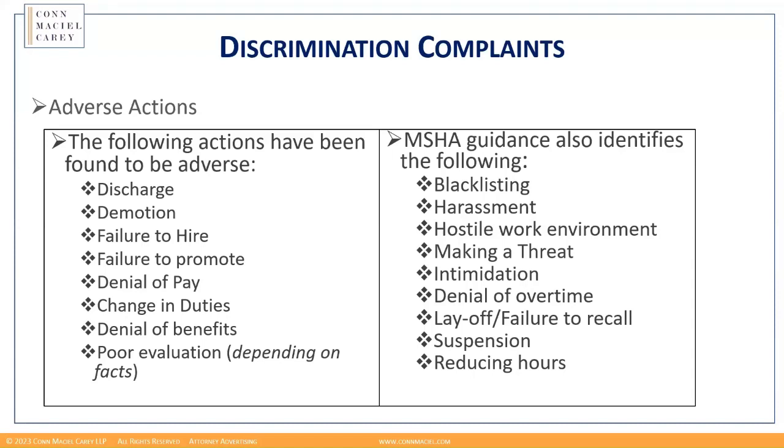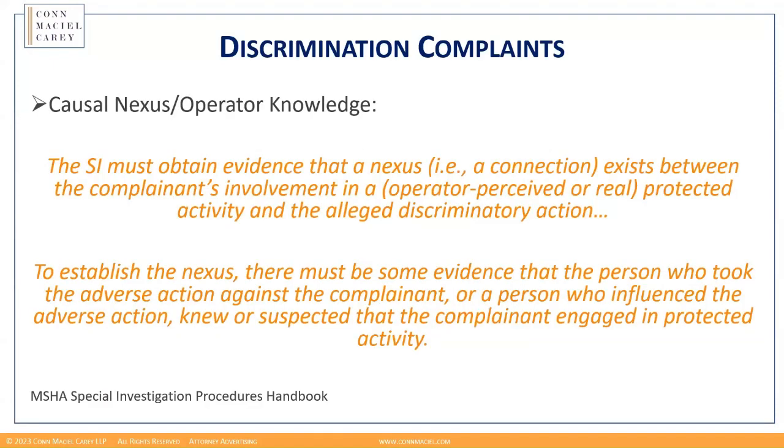We are going through this process, and we are trying to convince this investigator that we didn't take an adverse action, or there was no causal nexus, or there was no operator knowledge that existed between this person's perceived protected activity and their perceived adverse action. So we need to be looking at that closely.